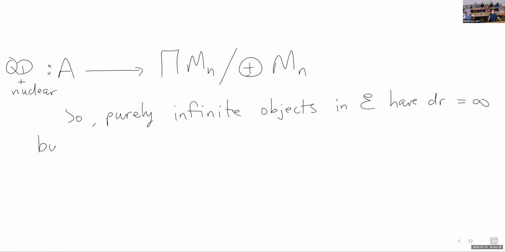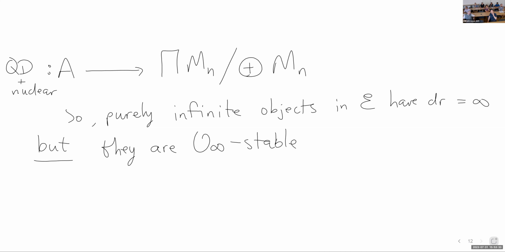But the purely infinite algebras, this is by Kirchberg, are O-infinity stable. O-infinity we saw already in Gillis's talk.